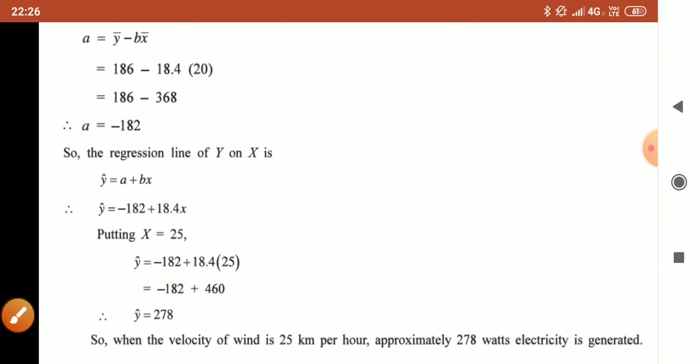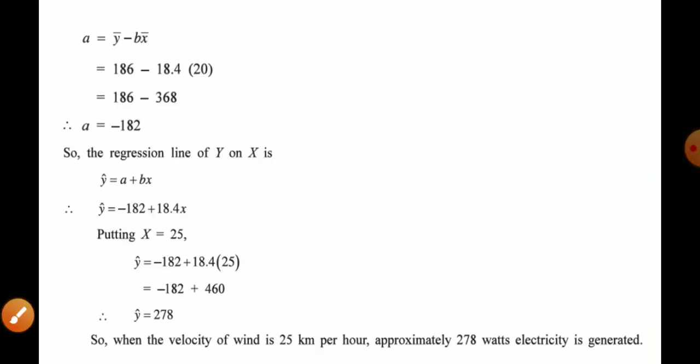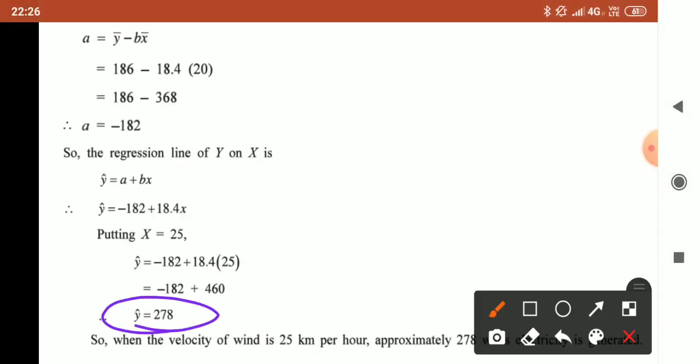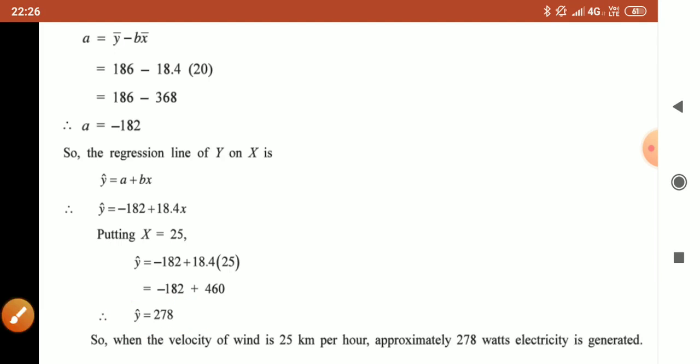At the end you can write the statement that when the velocity of wind is 25 km per hour, the estimated electricity generated is 278 watts. In this way, at the end you have to write the statement.